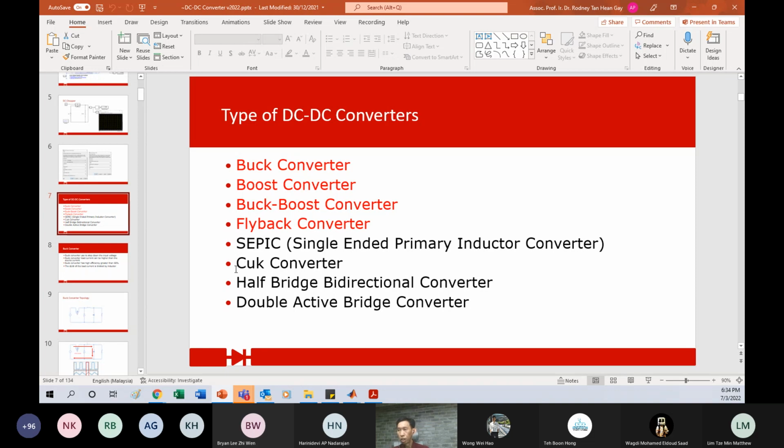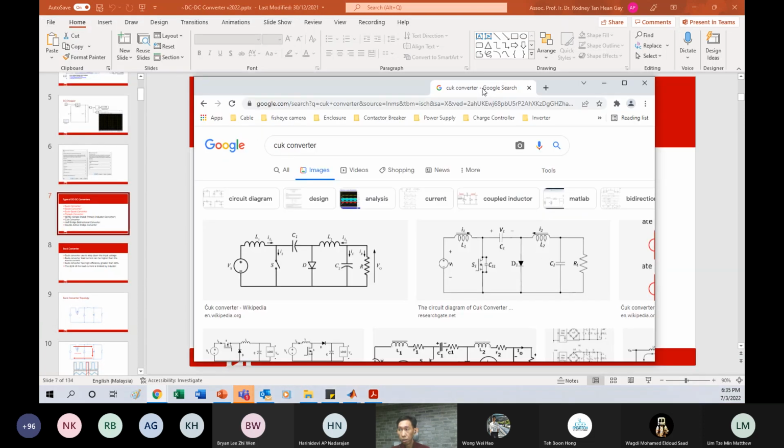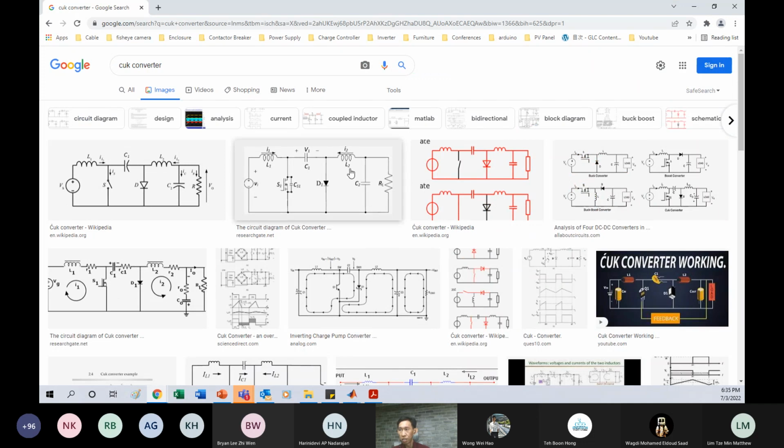In fact, as long as you know these four principles, the rest is quite easy to understand. Like Cuk converter, if you type these topologies, you will see the topology is more or less the same. Always one transistor.